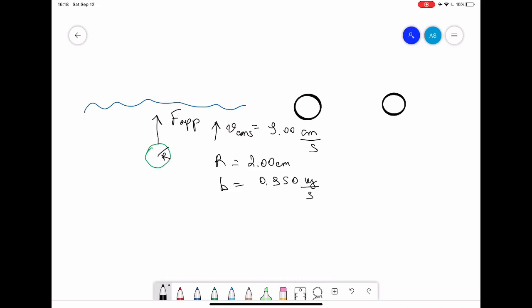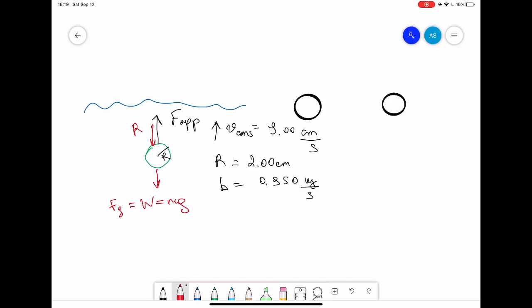Let's look at this copper ball and try to understand how many forces there are. Since the object is moving upwards, we have a resistive force, which will be pointing downwards. It basically resists the motion. Then we have the weight of the copper ball, which is mg, or in other words, a gravitational force which will try to pull it downwards.